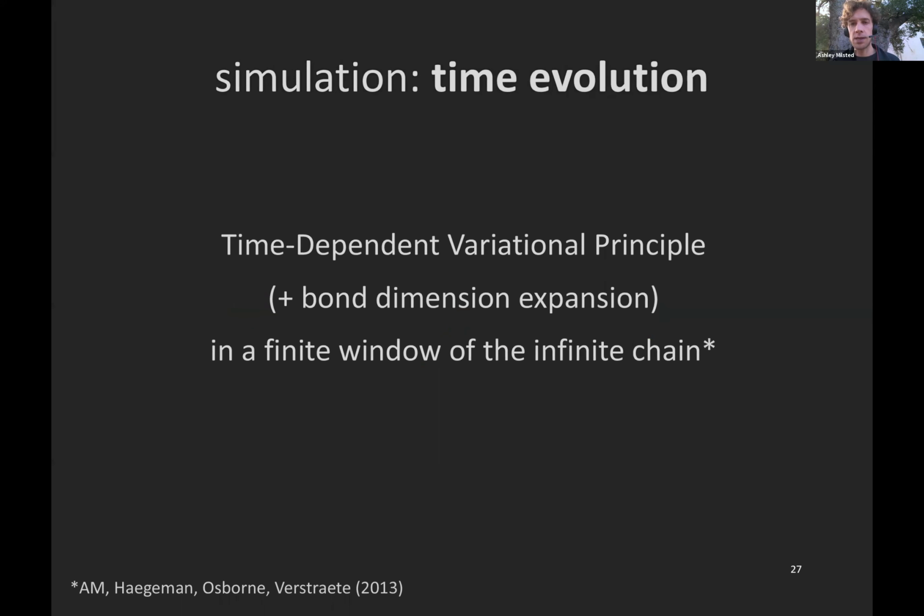And then what we do is we take the state and we time evolve it, and the method we use is a variation on the time-dependent variational principle, where we add some methods to expand the bond dimension as needed as the entanglement grows. And again, this is a simulation that takes place in a window of the infinite chain, and we define some number of sites for this window where the dynamics are allowed to be non-trivial.